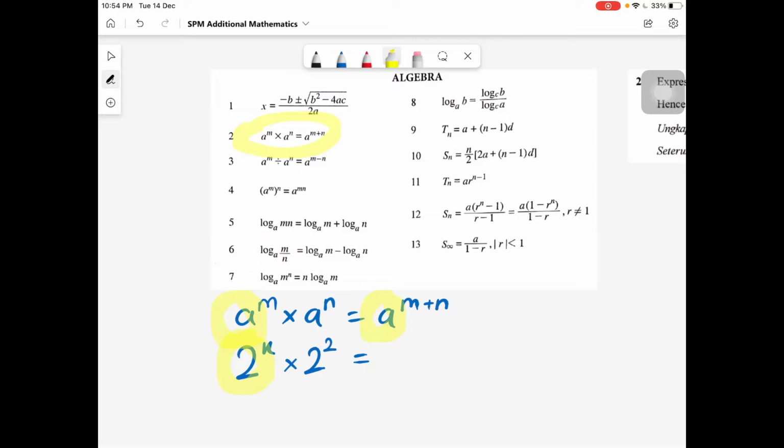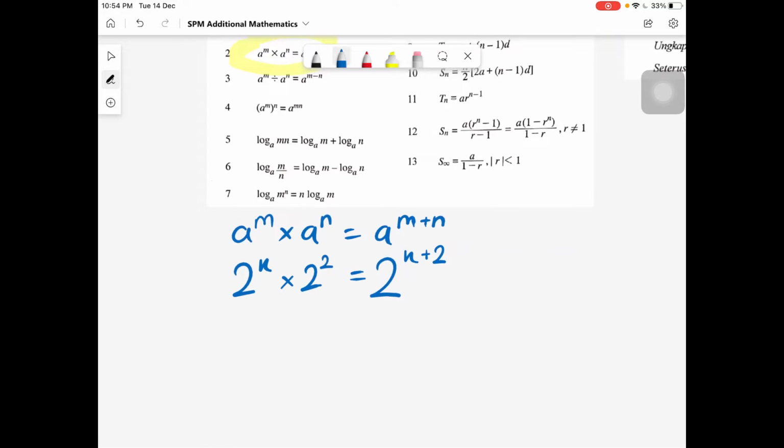So this a will now equal to 2. Now, we need to find our m. Can I say that my m is equal to x? So we just substitute m equal to x here. And can I also say that my n equals to 2? So that's very simple. We can put 2 here.